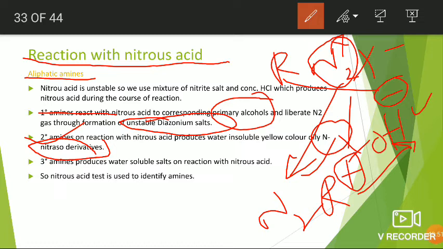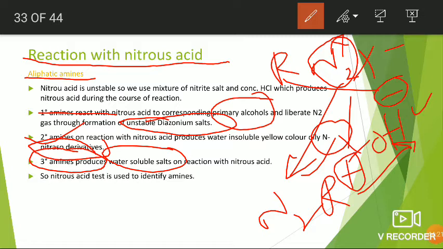Next, the reaction of a tertiary amine with nitrous acid generally produces water soluble salts. If the reaction of an amine with nitrous acid produces water soluble salts, or we get a clear solution, then it is considered a tertiary amine.